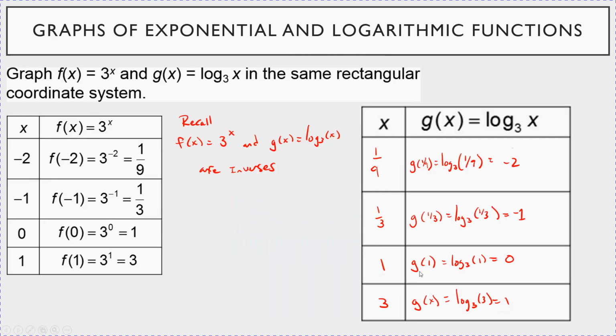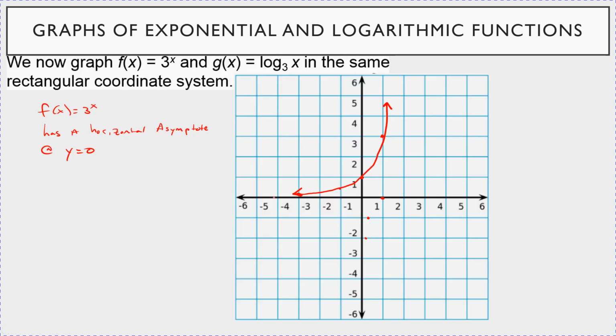And then finally the last point here was 3, 1. And this is what the graph of g of x, log base 3 of x, looks like. Oops, that was a terrible graph.